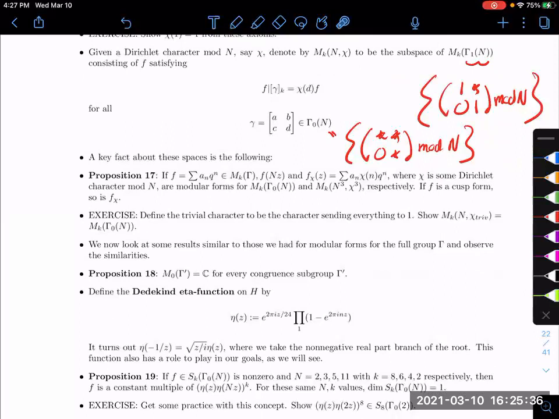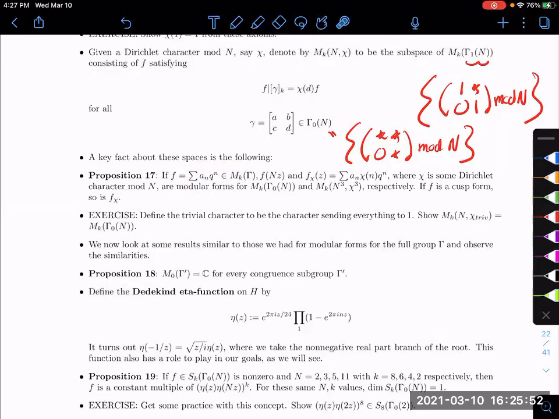A key proposition would be, well, one of many key propositions would be the following. Let's say I take a modular form for the full SL2Z of weight k, and I look at its q expansion, the sum of a sub n q to the n.